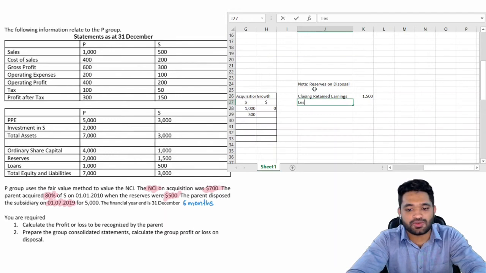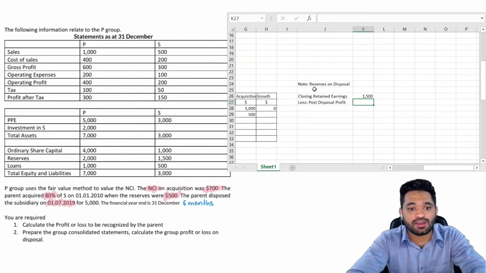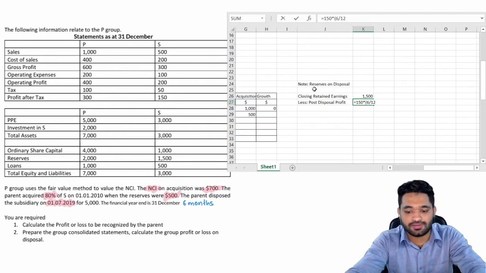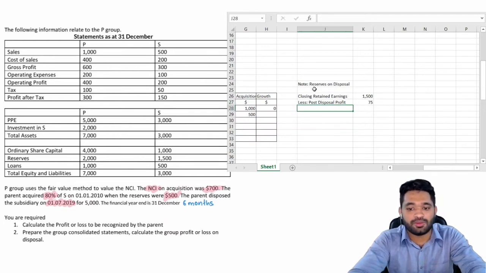From this we need to remove the post disposal profits. So after the date of disposal, the subsidiary has been in operation for 6 months. So we will be removing 6 months of profits from the subsidiary. So 150 was the profit for the year. So that into 6/12, we will be removing profits of 75.